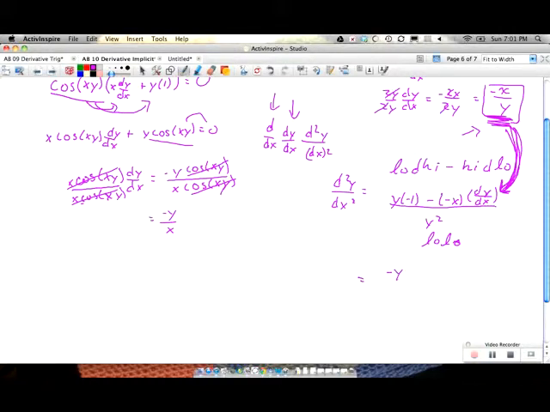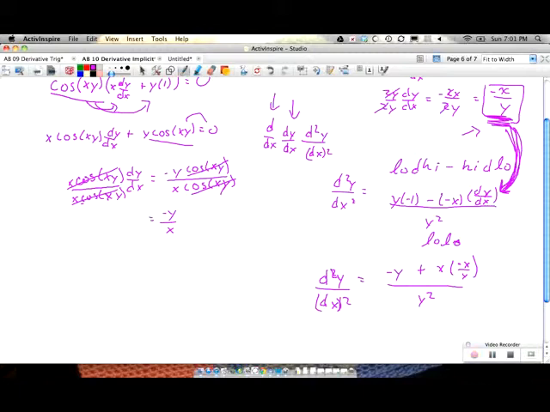That means I'll have negative y if I simplify that first term, plus, because I got negative, x times negative x over y, all over y squared. That's it. That is my second derivative, d squared y over dx squared.